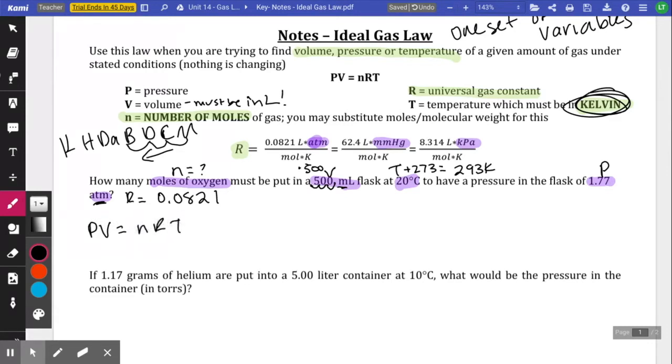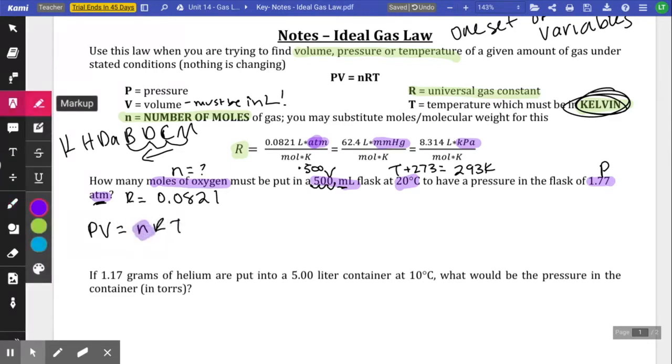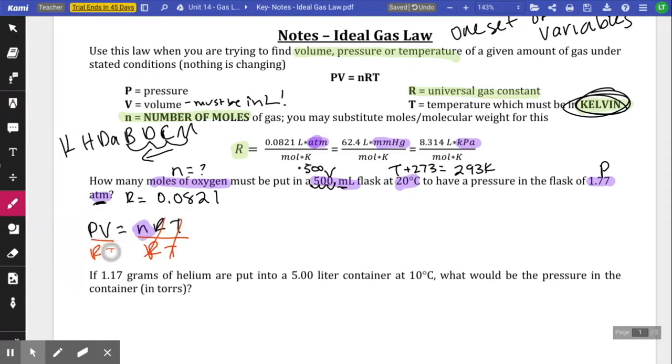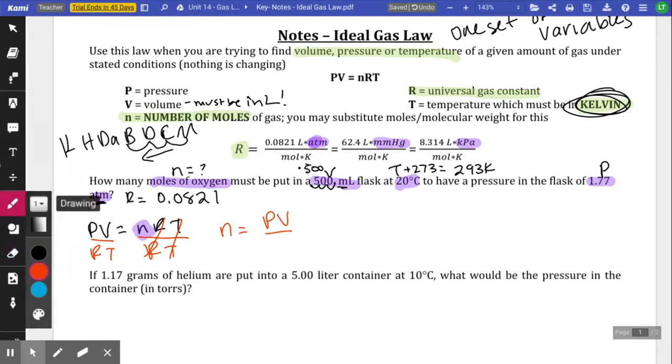I'm solving for n, so I'm going to manipulate my equation so that n is all by itself. In that case, I'm going to divide both sides by RT. So we get that n is equal to PV divided by RT.